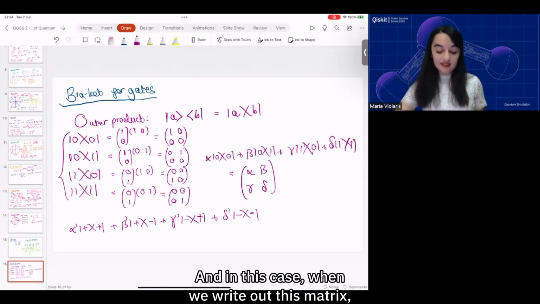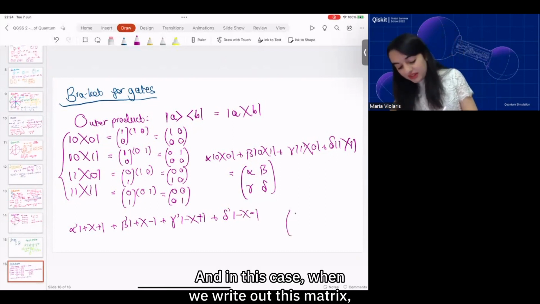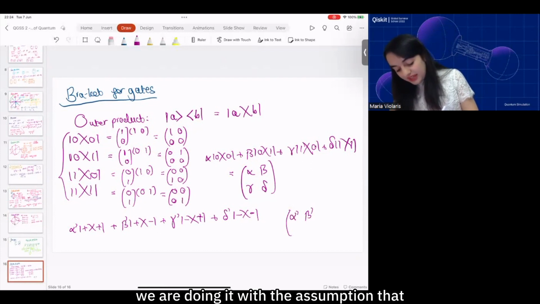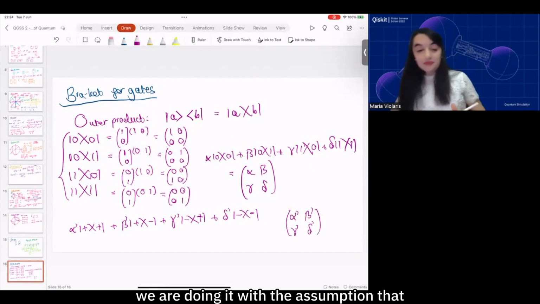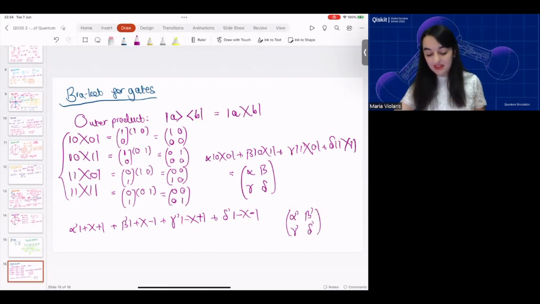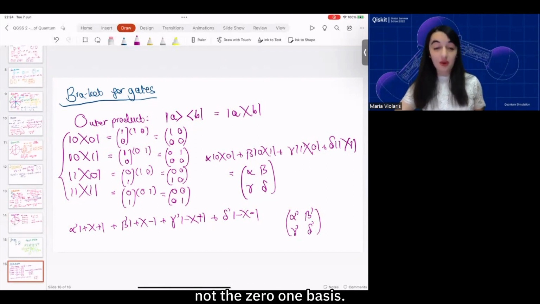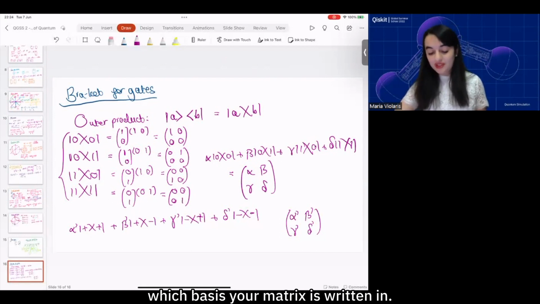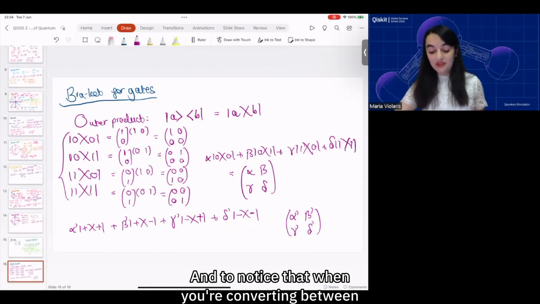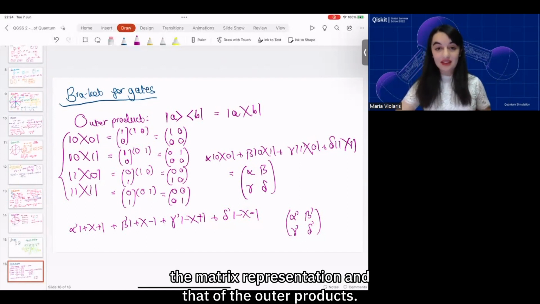And in this case, when we write out this matrix, we are doing it with the assumption that the basis of the matrix is the plus minus basis, not the 0, 1 basis. So you have to be careful that you know which basis your matrix is written in, and to notice that when you're converting between the matrix representation and that of outer products.